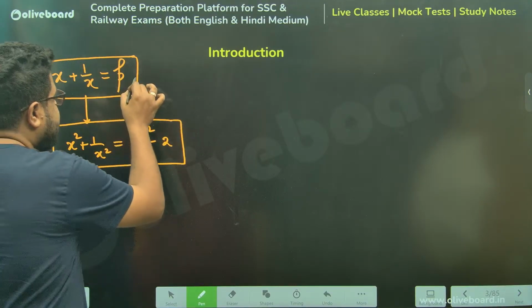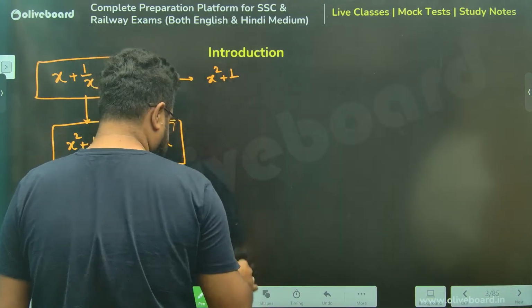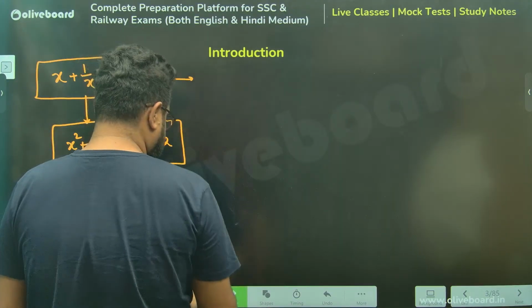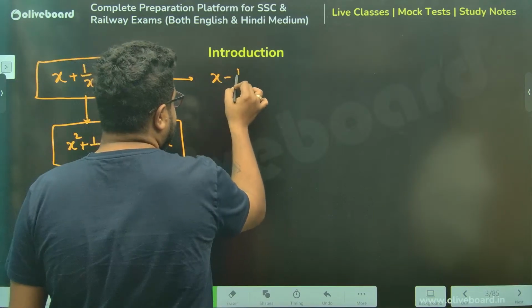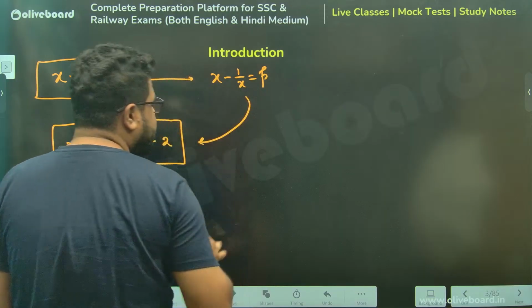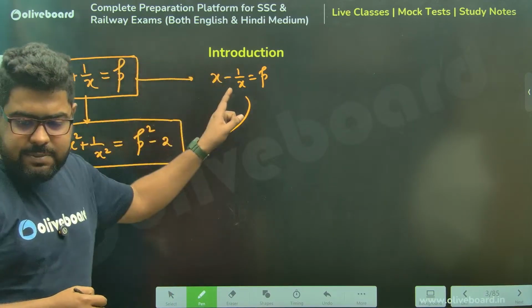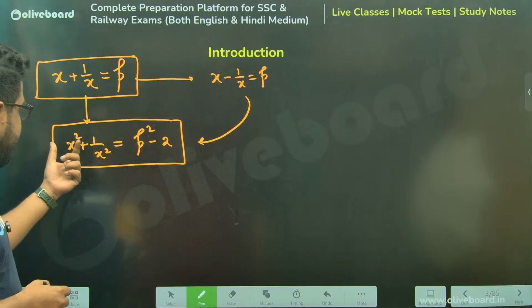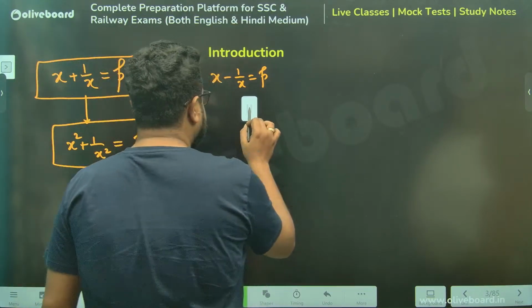But remember, if instead of plus, it is minus, x minus 1 by x equal to p, then also you reach x square plus 1 by x square only. Be it x plus 1 by x or x minus 1 by x, you always reach x square plus 1 by x square. But the formula changes a little bit.